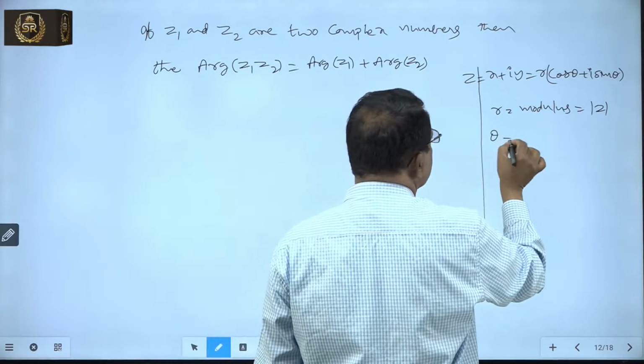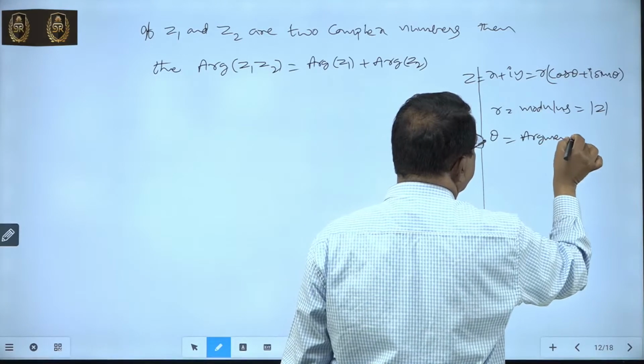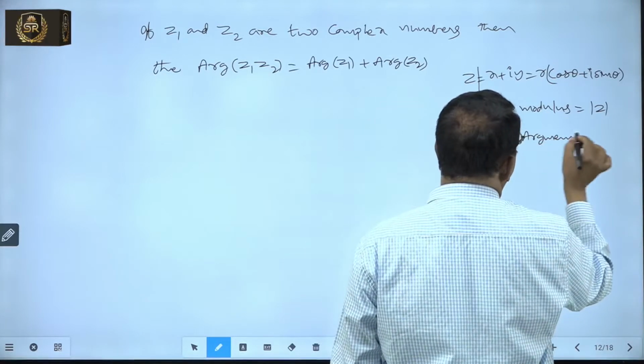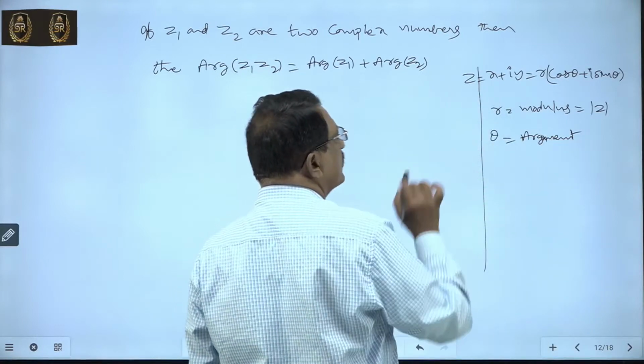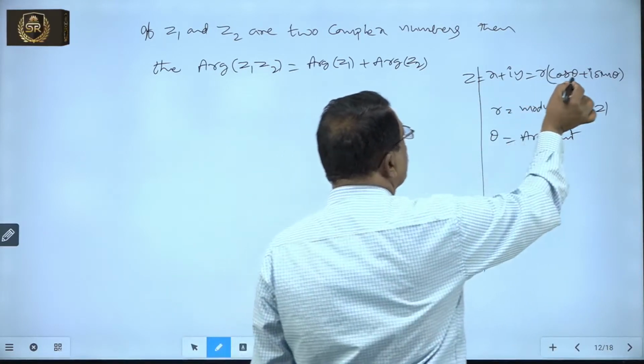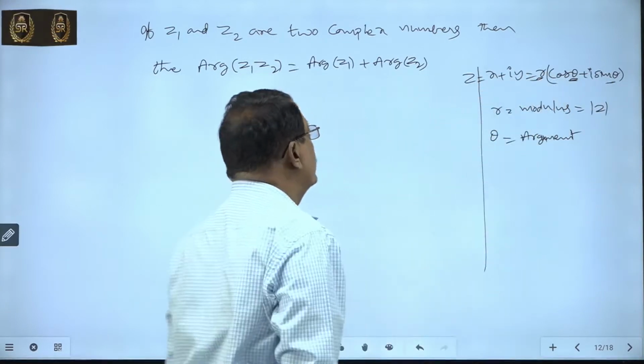Now theta is the argument of the complex number. So here theta is the argument and r is the modulus of the complex number.